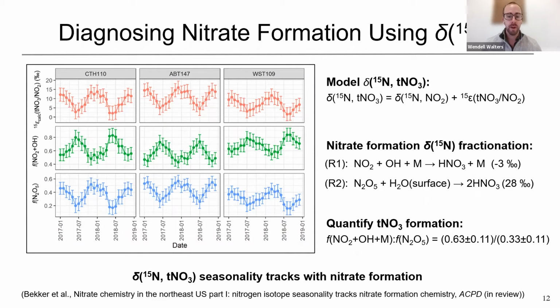We can then rearrange our first equation on the right and solve for this isotope effect and apply a simple mass balance calculation to estimate the relative role of nitrate formation from these two dominant pathways.